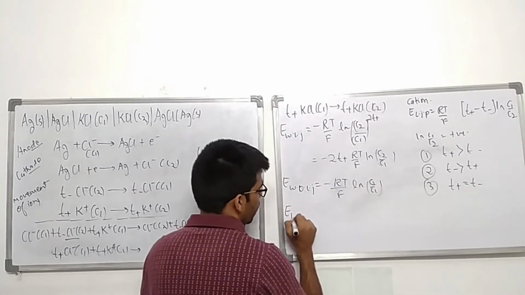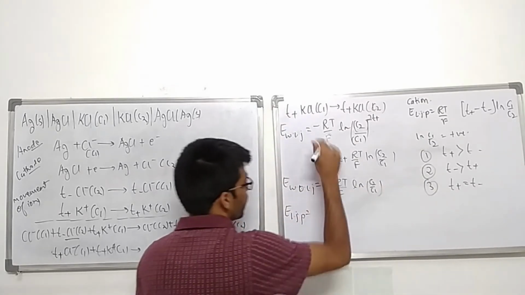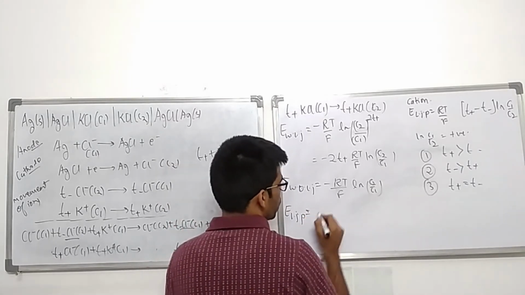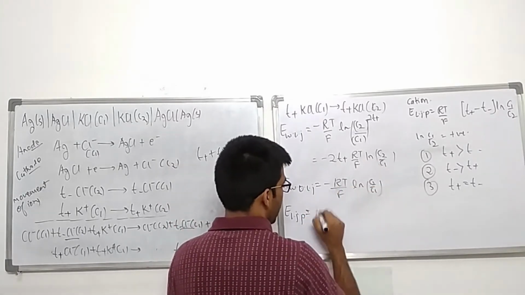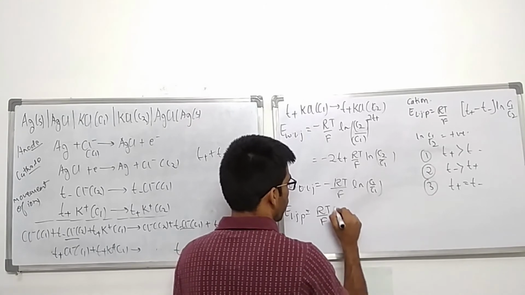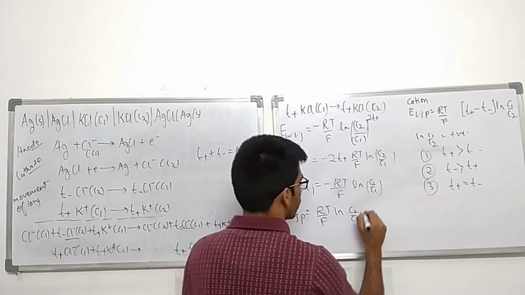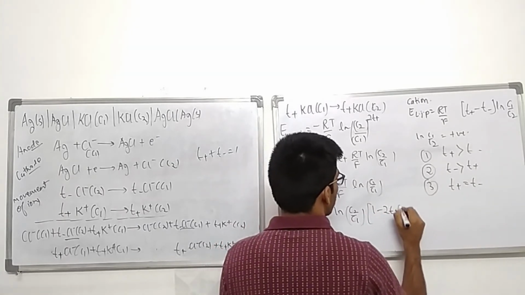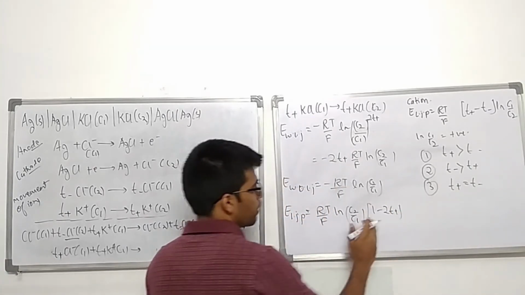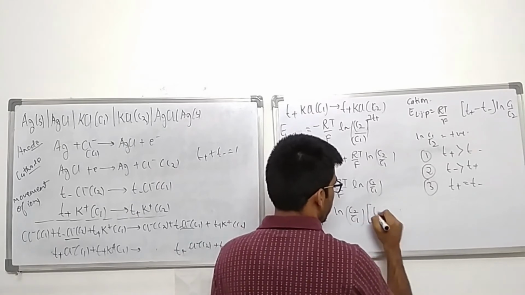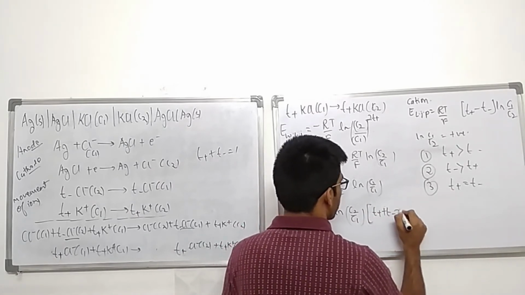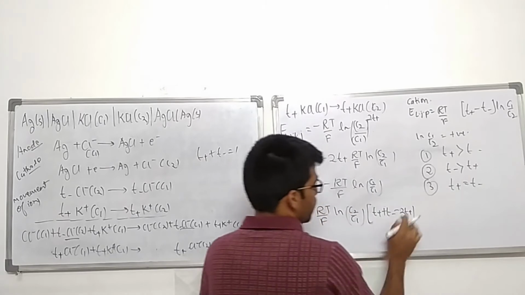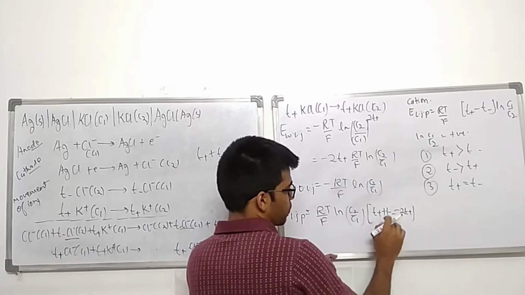Therefore, the liquid junction potential is the difference of the two, and again I can take RT by F common. I will be left with 1 minus 2T plus. Again, in place of 1, I can write T plus plus T minus. So I would get T plus plus T minus minus 2T plus. This 2T plus and this will get cancelled.